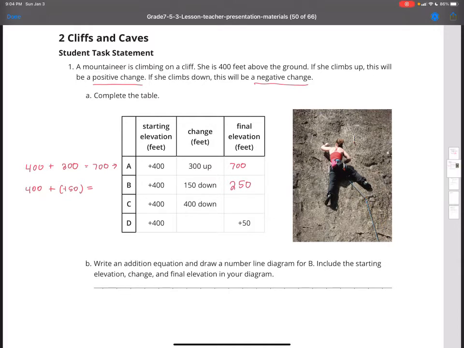So then for part C, it says that she's at 400 feet and then she climbed down 400 feet. Just like we worked with in the warm up, that positive change and that negative change, they have the same value. They're the same distance away from zero, just in opposite directions.